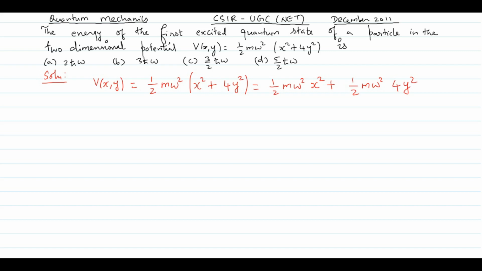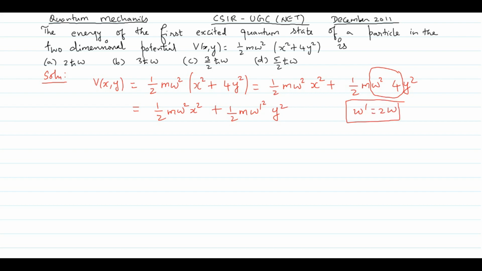I am going to combine 4 omega square as a single term. So this can be written as half m omega prime square y square, where omega prime is equal to 2 omega. Okay, so omega prime square is equal to 4 omega square. So you will get back this potential.